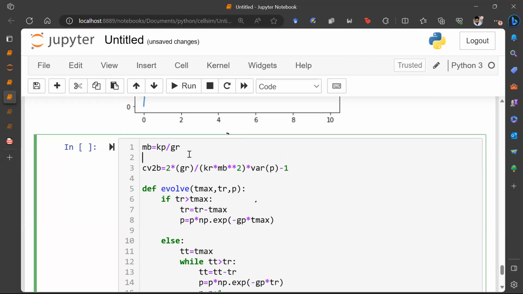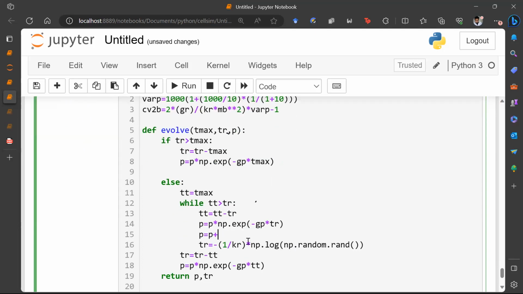And remember that the variance of P is the expected value of P, that is 1,000 times 1 plus 1,000 over 10 times 1 over 1 plus 10.